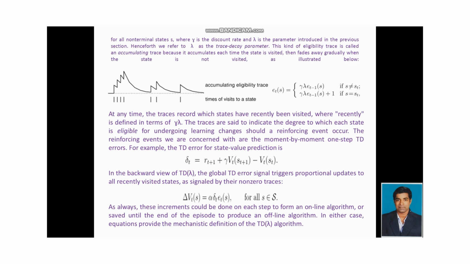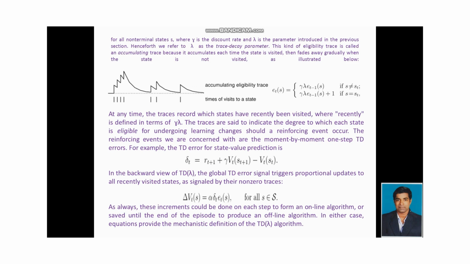The reinforcing events we are concerned with are the moment-by-moment one-step TD errors. For example, the TD error for state value prediction is δt = R(t+1) + γ Vt(S(t+1)) − Vt(St).